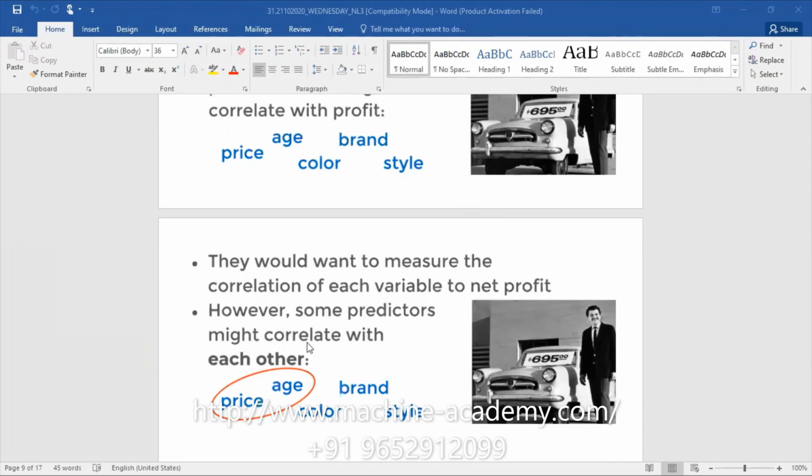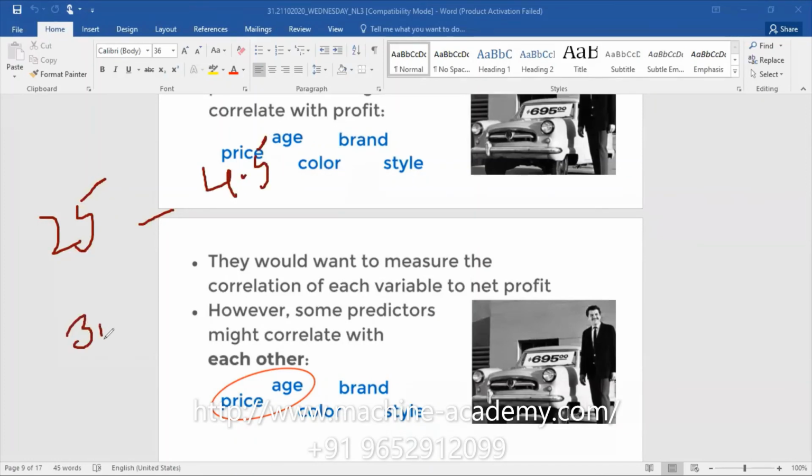However, some predictors might correlate with each other, meaning price and age make a difference here in multilinear regression, where as age changes, the price changes. If you observe, at the age of 25, some people are ready to pay 4.5 lakh per car.